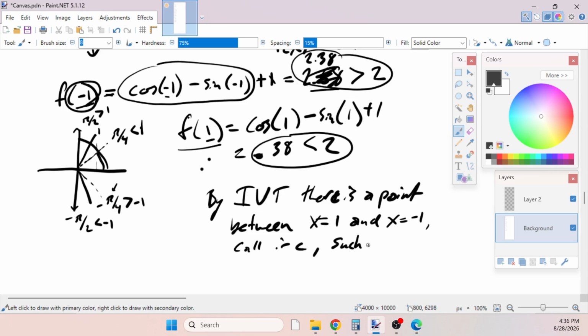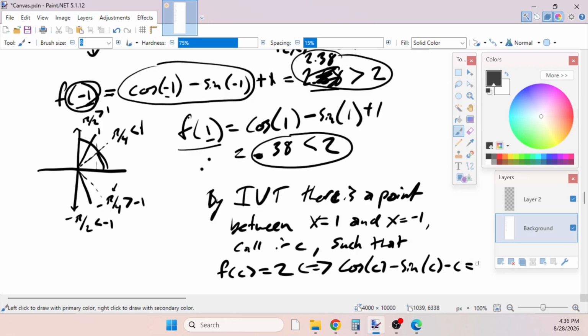That point has to satisfy the equation, which is the same as saying that cosine of c minus sine of c minus c equals 2. The equation that we were trying to solve, there is a c value that solves it. And it's somewhere between -1 and 1.